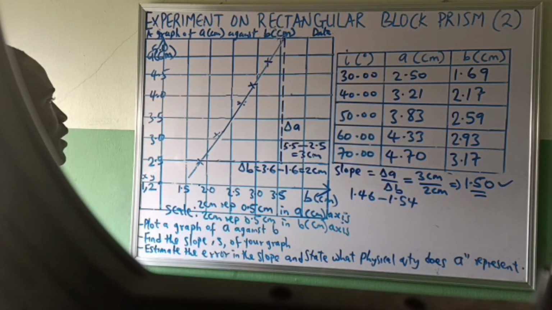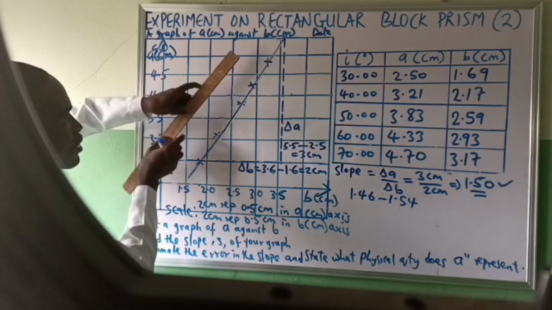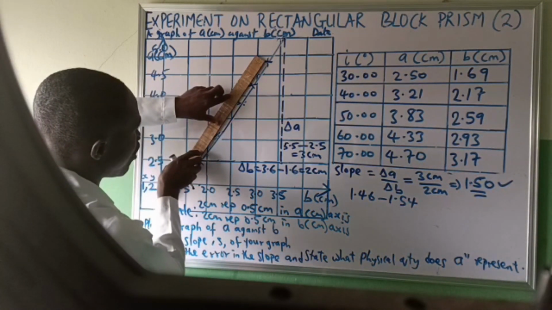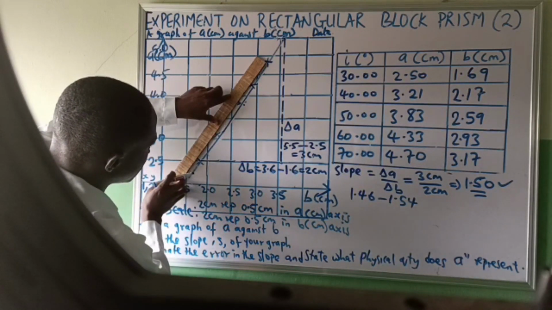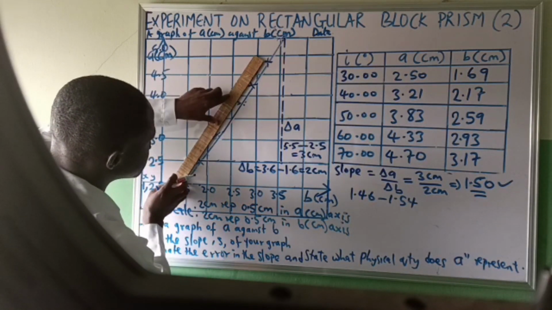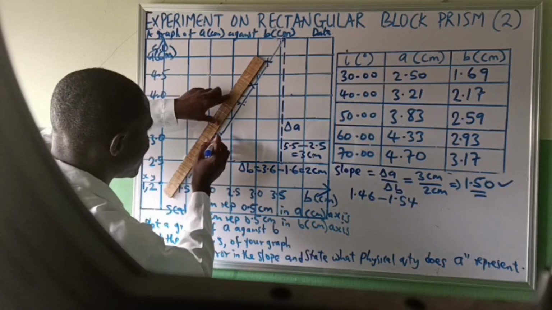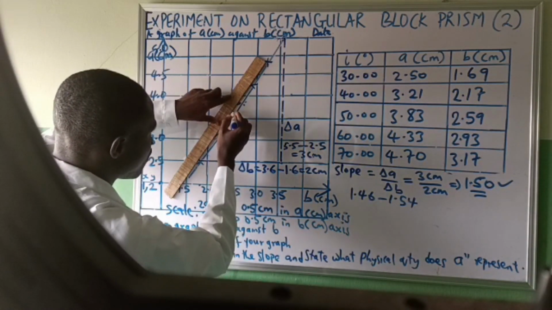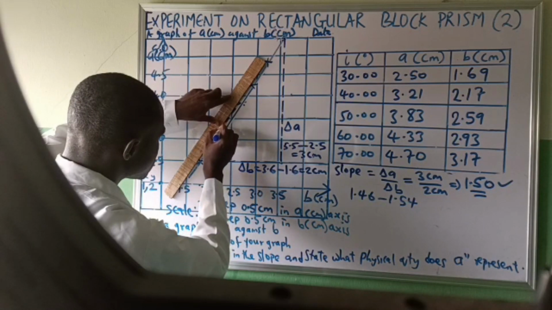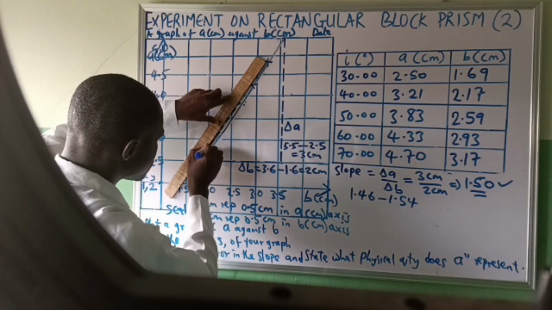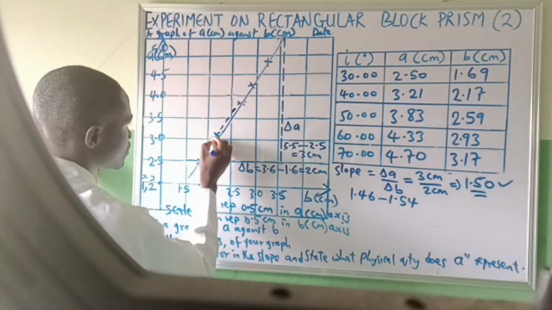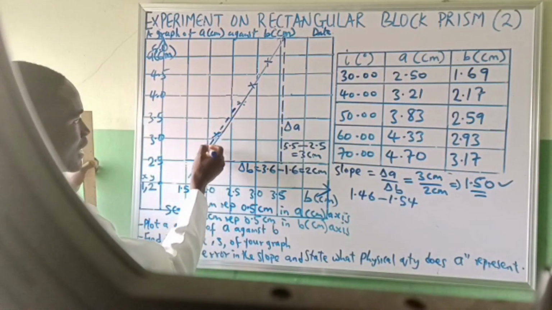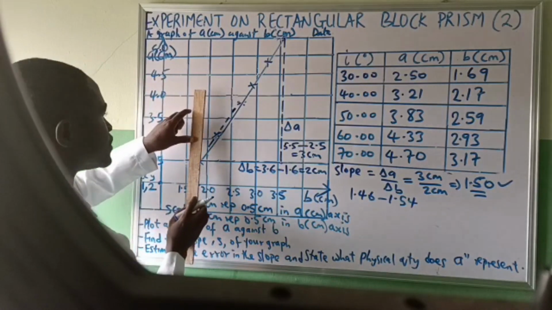So that one point that is very close to the line, I will put my ruler on it such that I can get a line that will be parallel to the line of best fit. So look at the point and look at the line that is parallel to line of best fit.